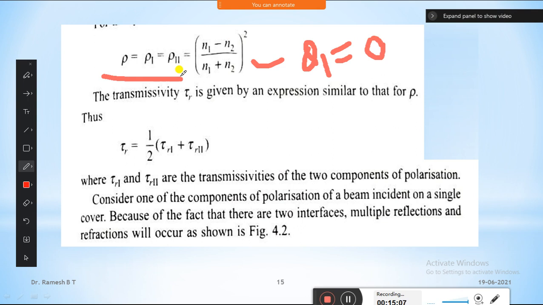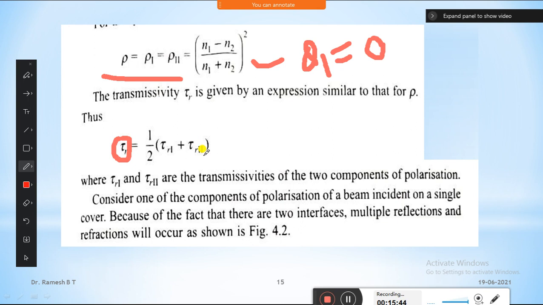Rho 1 is equal to sine square (theta 2 minus theta 1) divided by sine square (theta 2 plus theta 1), and rho 2 is equal to tan square (theta 2 minus theta 1) divided by tan square (theta 2 plus theta 1). Based on this, we go to the transmittivity tau r, for reflection and refraction, which is given by tau r1 plus tau r2, for media 1 and media 2.